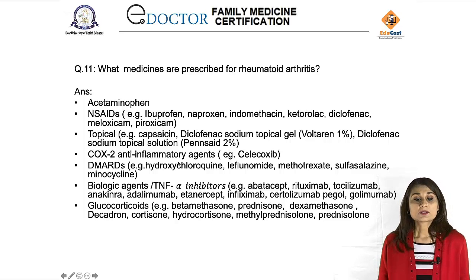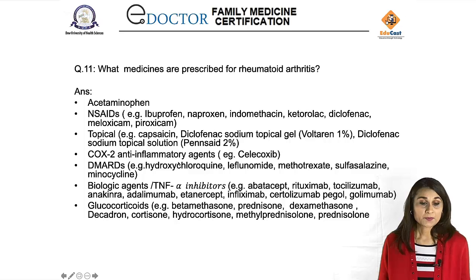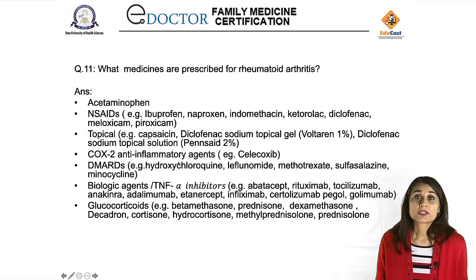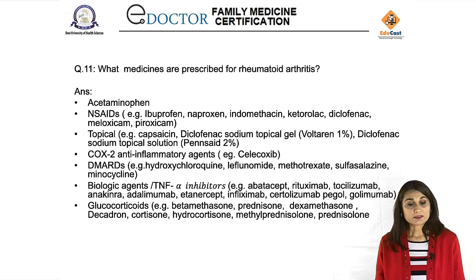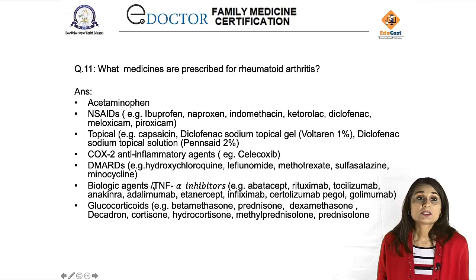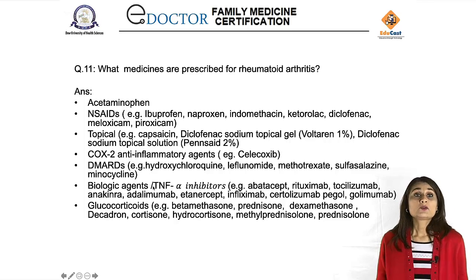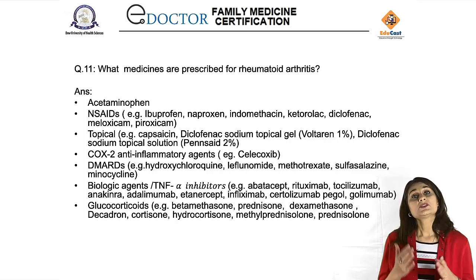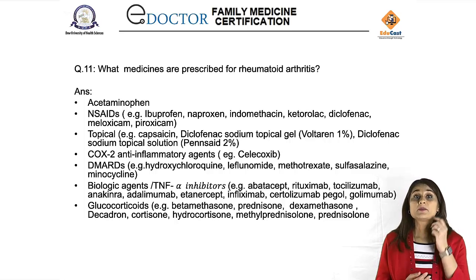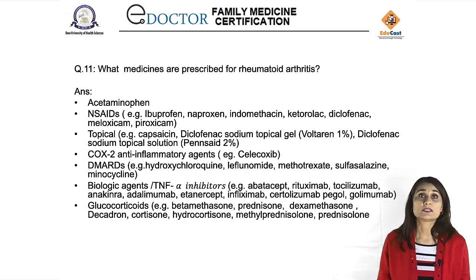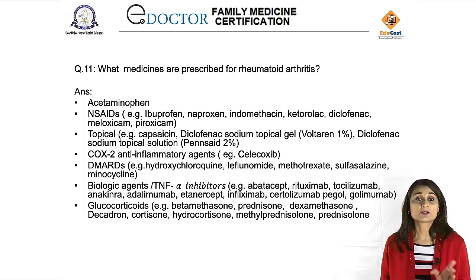COX-2 inhibitors are there, DMARDs like methotrexate and sulfasalazine. Then we have biological agents like tumor necrosis factor alpha inhibitors, and then glucocorticoids. So these are the bunch of drugs that we can prescribe in a patient with rheumatoid arthritis.